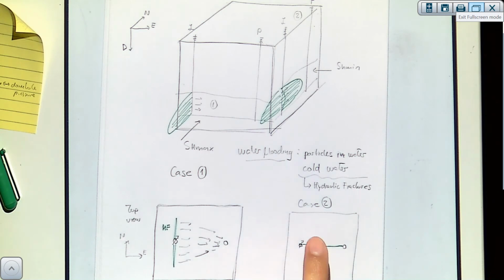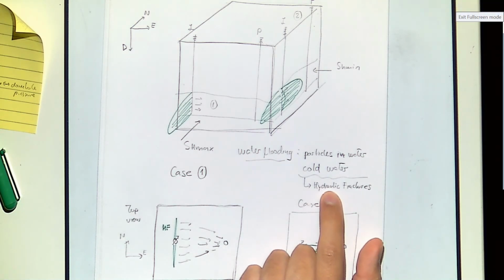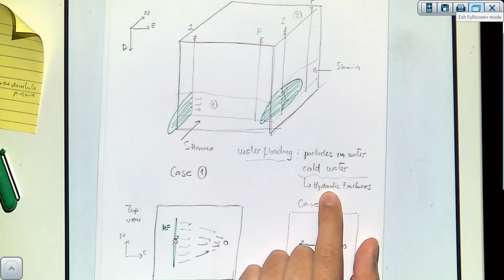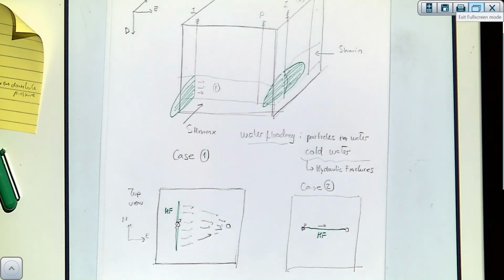So just to complete this topic, then, Mr. Cosby, you go first. So you had case one. Did you actually want to fracture the well, or is that just the producer, no, the injector? The injector, you could in this case. Actually, you could also fracture the producer.